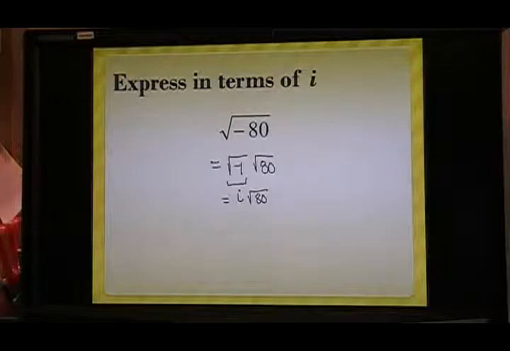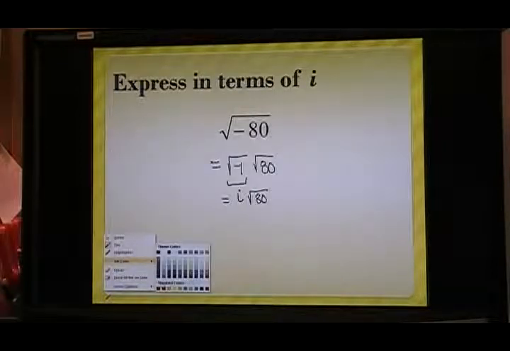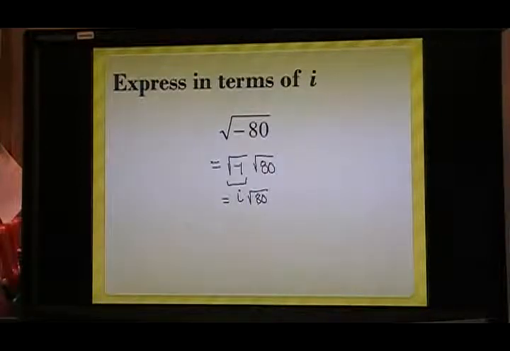So everything that we've been doing up to this point still applies as well. If you have a radical expression and your radicand, which is 80 in this case, is divisible by a perfect square, you do need to go ahead and do that simplification. The square root of 80 is divisible by 16, so this is the square root of 16 times the square root of 5.